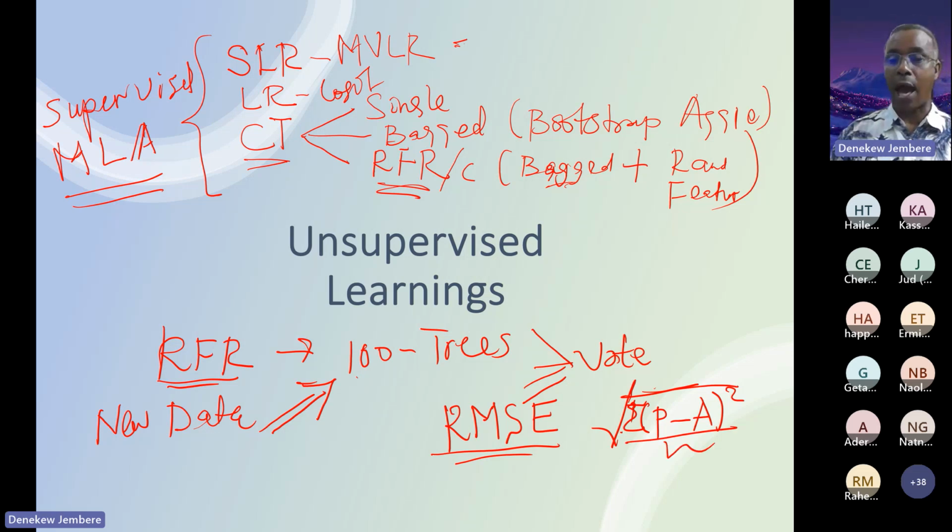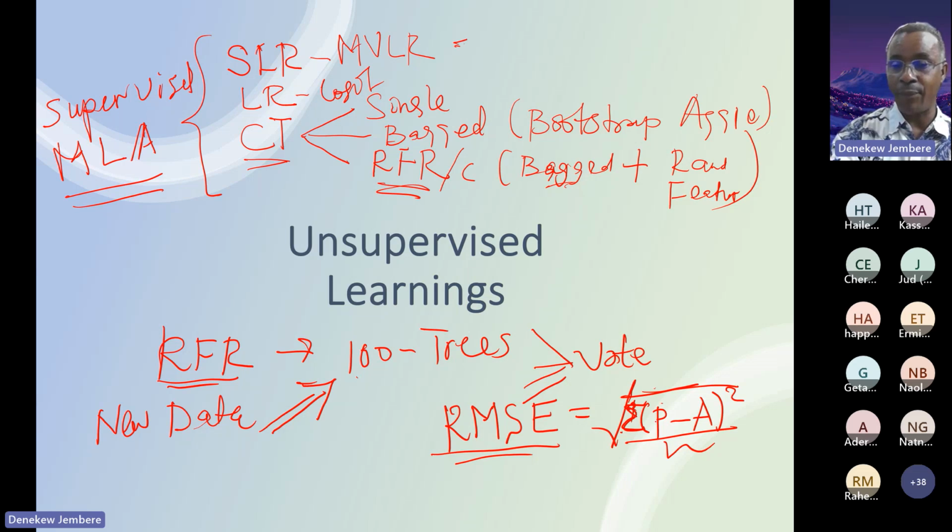So this is how you would calculate the performance. This is RMSE. So you would calculate the root mean square error of the predicted minus the actual of each value. The performance of the model gets evaluated.